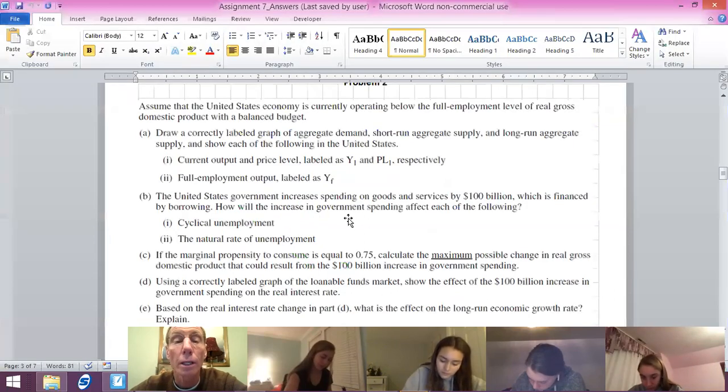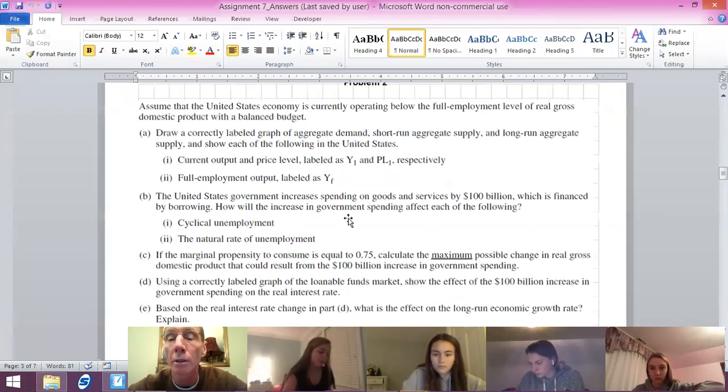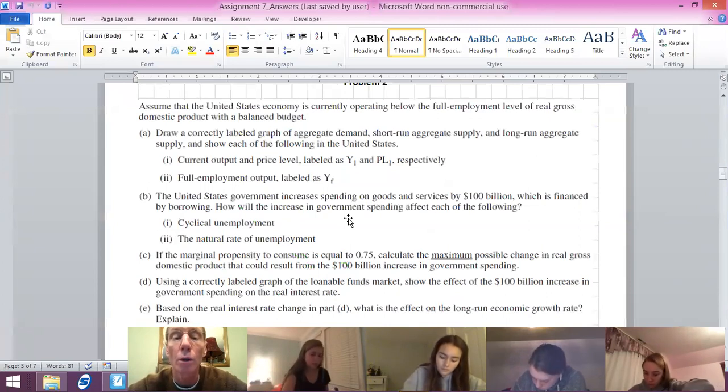So now the U.S. government is going to increase spending. So we're going to get more government spending by $100 billion, and they're going to finance it by borrowing.